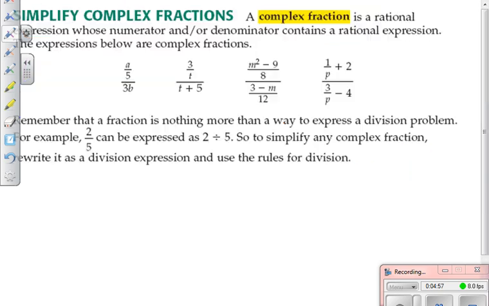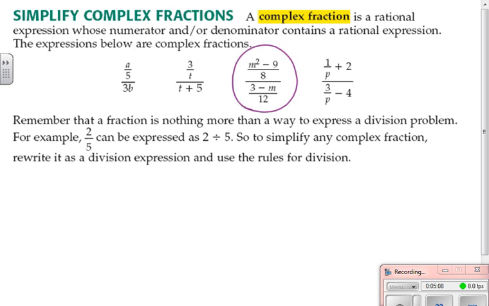Now, fractions within fractions. I would say just go ahead and write these as side-by-sides. So like this one, I would write as m squared minus 9 over 8 divided by 3 minus m over 12.